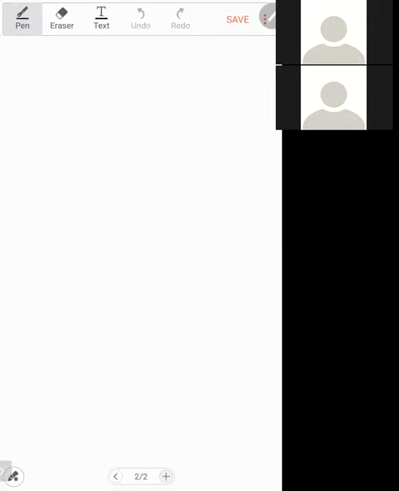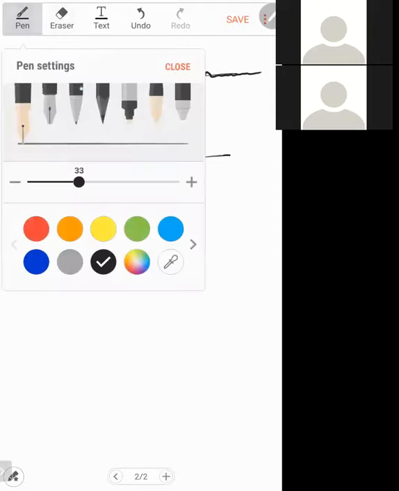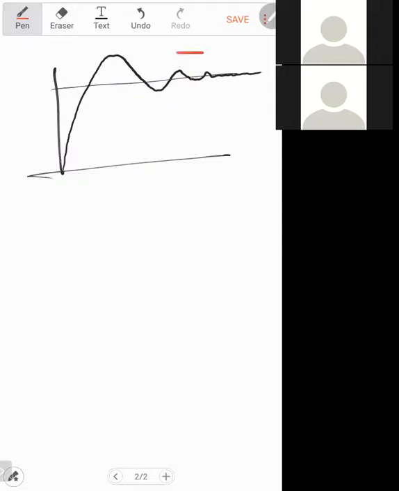For example, let's suppose this is the response of the system, and it goes up and then oscillates, and finally it comes to the final response or the steady state response. So you see that there is some damping in the system.